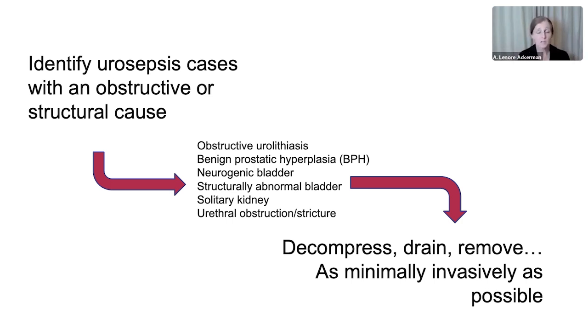In that moment where somebody is looking acutely sick, our job is to decompress, to drain, or to remove a device, and do this as minimally invasively as possible, replace devices if necessary, but not plan giant surgeries. We want to do what we can to allow any source of infection to drain and get out of that patient's system, but we want to avoid larger surgeries. Next slide.